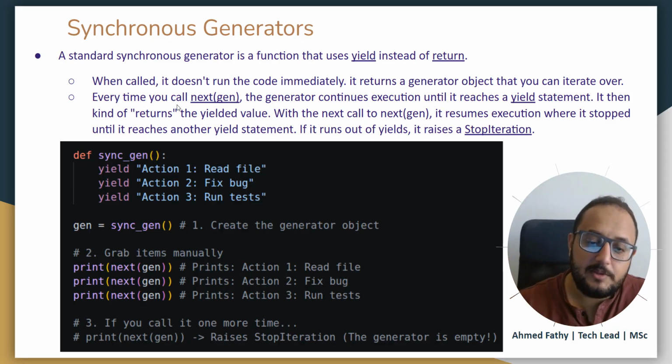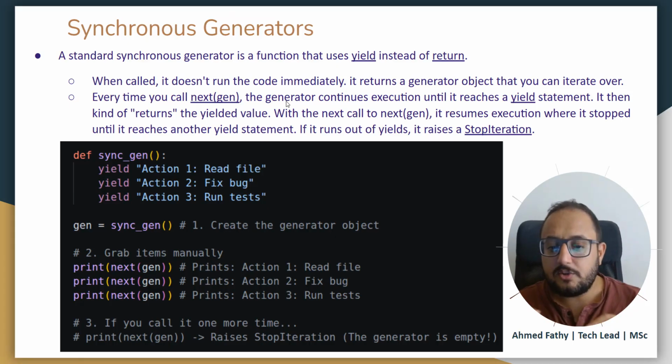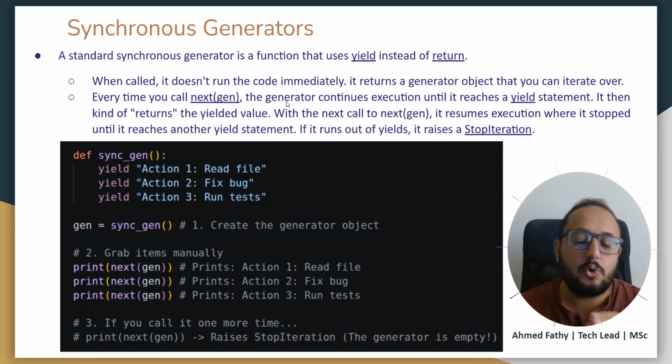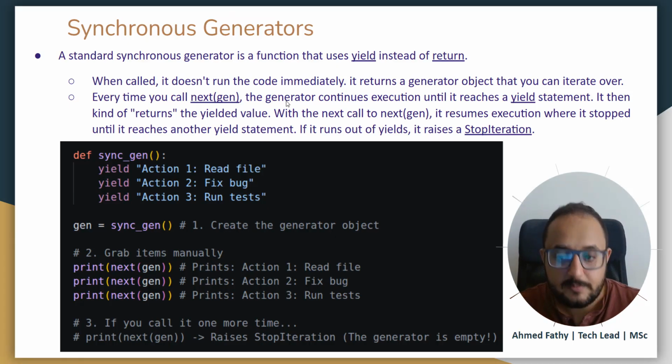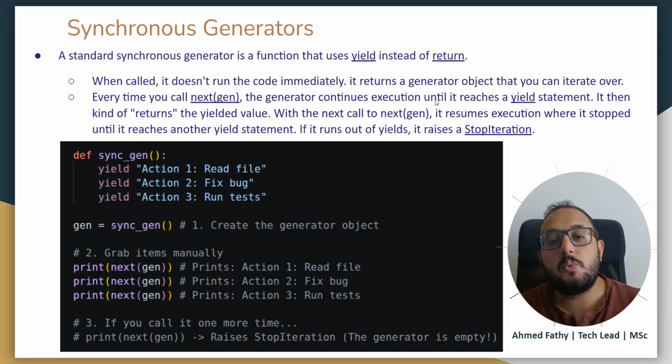Every time you call next on the gen object, the generator starts or continues execution until it reaches a yield statement. It then returns that yielded value. With the next call to next(gen), it resumes execution where it stopped.